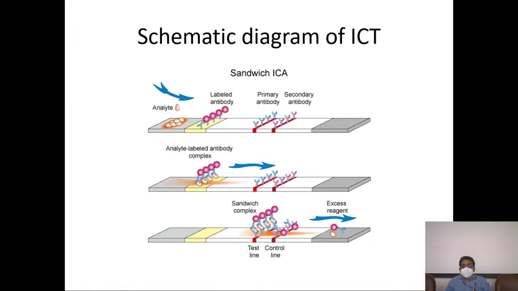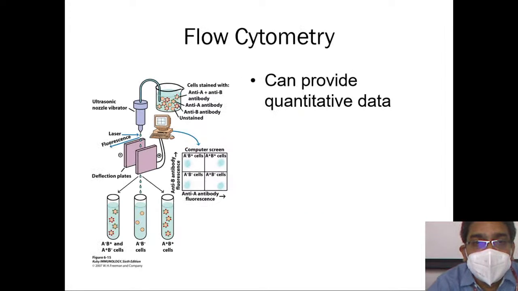So the control, that is the secondary antibody, is the anti-antibody against the labeled antibody. It will always come positive. So this is the basic schema for an immunochromatography test. If antigen is not there, this labeled antibody will move forward without the analyte, and it will not combine with the primary antibody. So the test line will not be there, while the control line will be there, or should always be there.